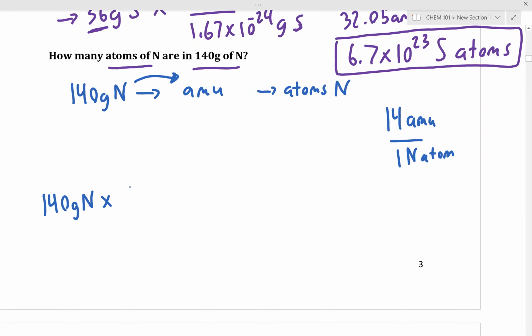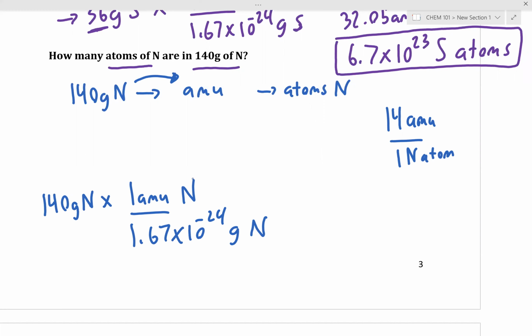AMU. So in one AMU, we have 1.67 times 10 to the negative 24th grams. So this is one AMU of nitrogen, and we have 1.67 times 10 to the negative 24th grams of nitrogen. You'll always be given this relationship.